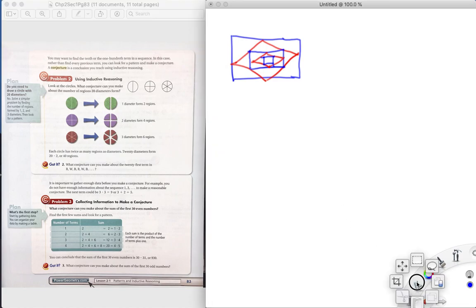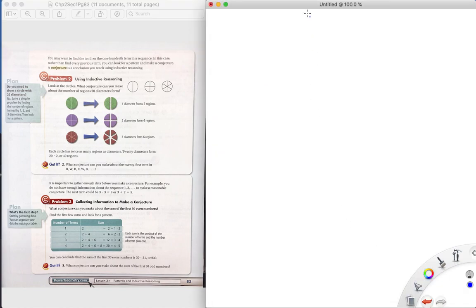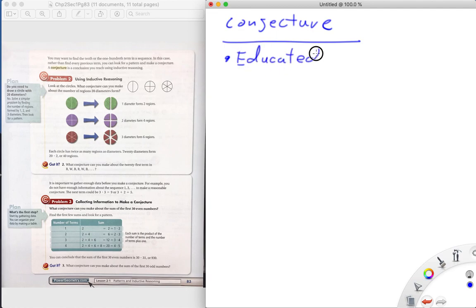So the conjecture. I think of a conjecture as an educated guess. It's a little bit more involved than an educated guess, but I think of it as an educated guess.